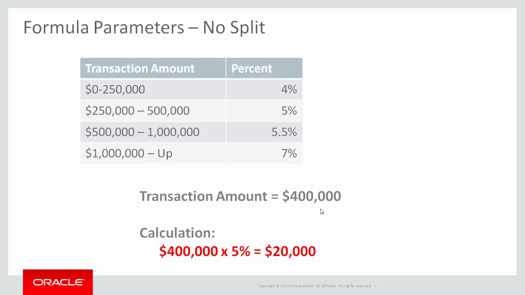In a no split, I take the transaction amount of $400,000 and find where it falls within the table. It falls in the second tier, and it's 5%. So I'm going to take that $400,000 and multiply it by 5%, and that yields a payment of $20,000. That's taking a $400,000 transaction and leveraging what we call no split.